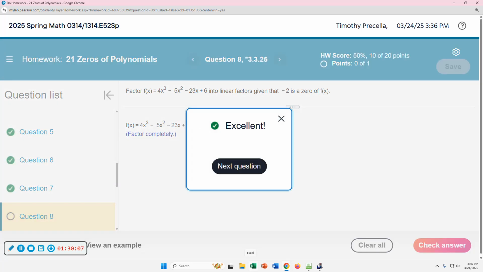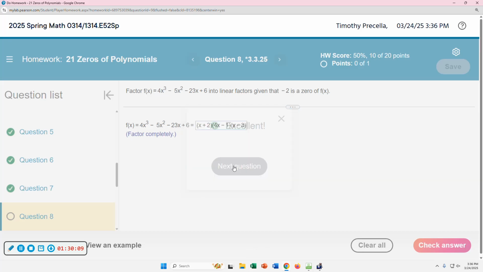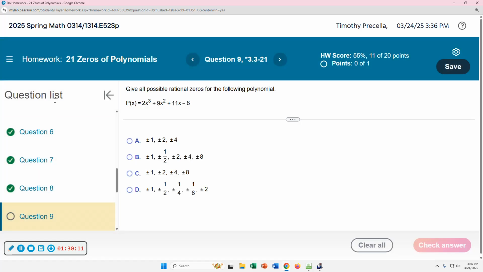Okay, let's look at number 9. And it's going to be like what we were doing. One thing that's good is they're not making you type out all the possible rational zeros. They're giving it to you as multiple choice. Here goes. Okay.